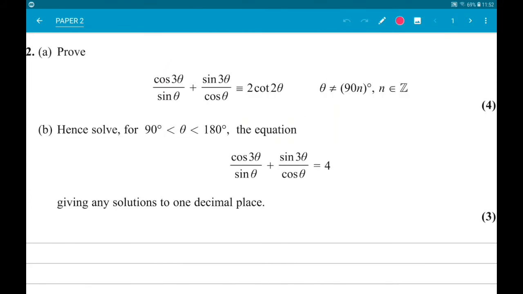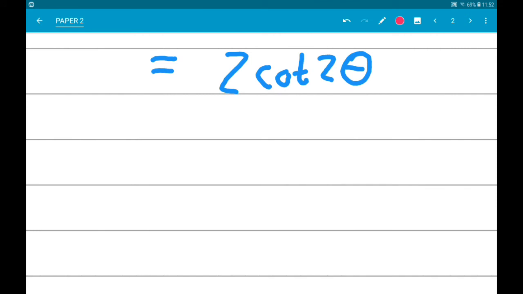Solve for theta between 90 and 180 degrees, cos 3 theta over sin theta add sin 3 theta over cos theta is equal to 4, giving any solutions to one decimal place. Alright, so we know then the left can be written as 2 cot 2 theta.